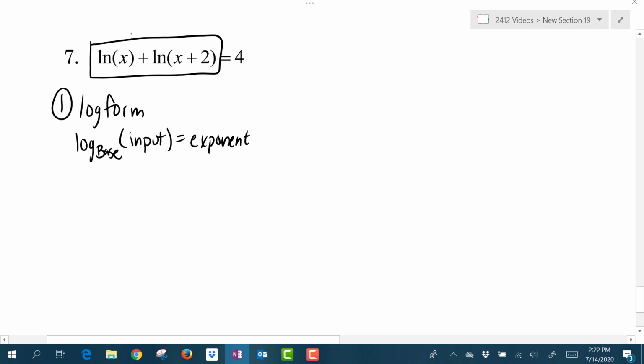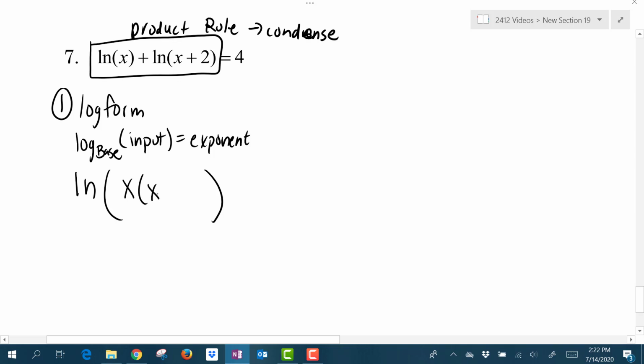If I add two logs of the same base, then I can put them together or condense them using the product rule. That means I'm going to put them together into one log, multiplying between those inputs. Okay, let's do a little simplification there. We have x times x plus 2, so that's x squared plus 2x.